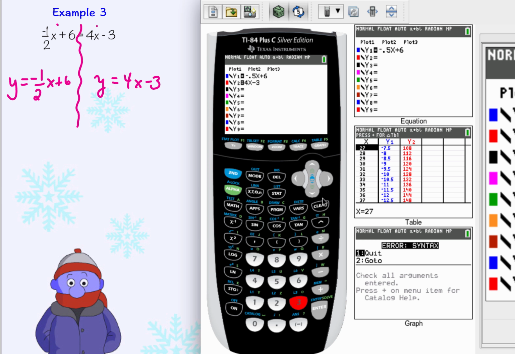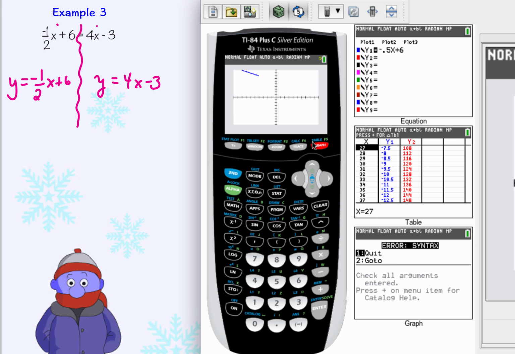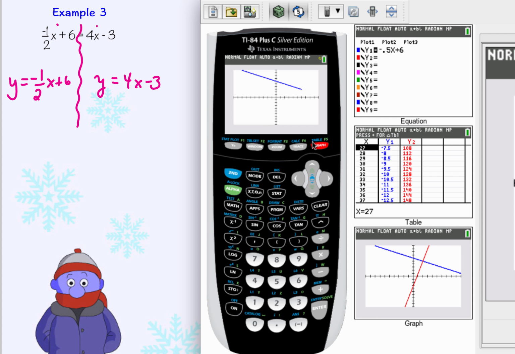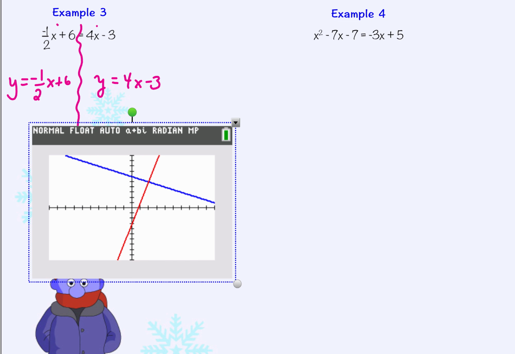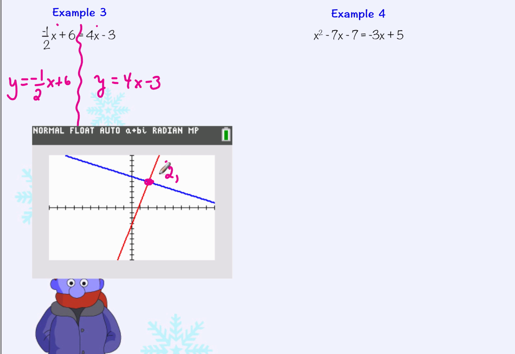I don't see any squares going on or any absolute value signs, so it's just going to be two little old lines crossing each other. And look where they cross each other. They cross each other at this point right here. And that is the point 2, let's see, 1, 2, 3, 4, looks to be 5, but hey, who cares?